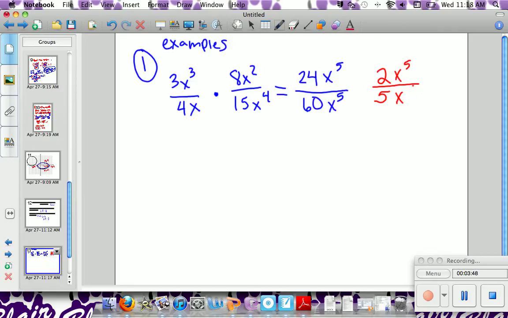We have x to the fifth and x to the fifth. Now I can go ahead and reduce those x's. When you're dividing exponents, you're subtracting. So x to the fifth and x to the fifth are going to cancel out. I can either write that as x to the 5 minus 5, which would be x to the 0, or I can say, well, up here there's 5 x's, down here there's 5 x's, and we're just going to cross those out. So my answer for number 1 is going to be 2/5.